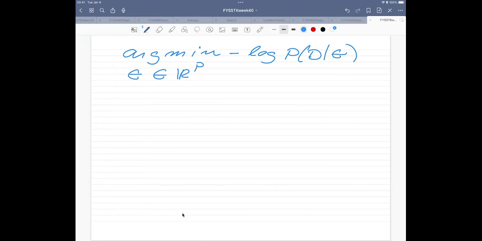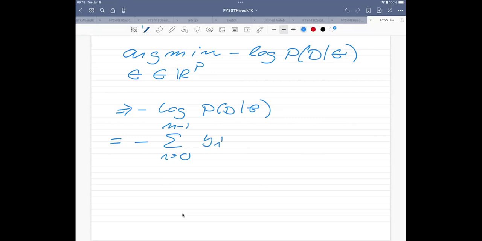And what we found then is that this minus log of P of D of theta is equal to minus, and then I have a sum over i equals 0 up to n minus 1, the data points, y of i, and then I have log of P of i. And then it's plus 1 minus y of i times log of 1 minus P of i.